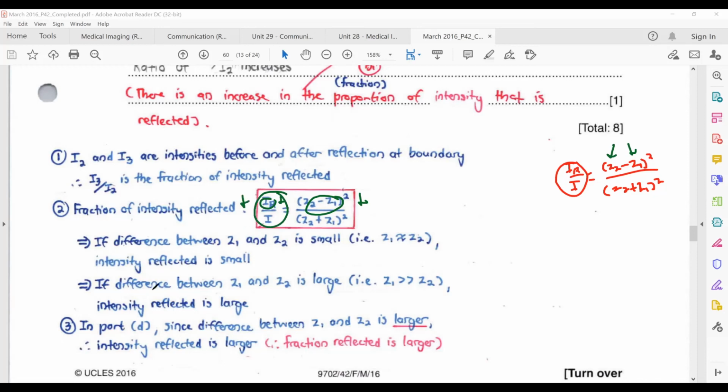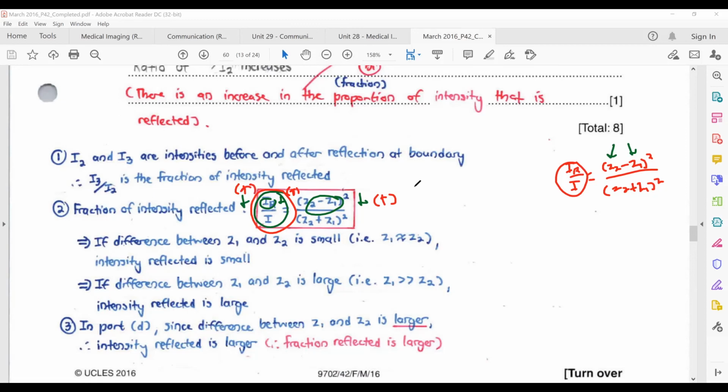If the difference is large, meaning Z1 is very much larger than Z2, the intensity reflected will be large. Simply because if one of them is larger than the other and you subtract them, the difference will be very large, so your expression as a whole will be large.